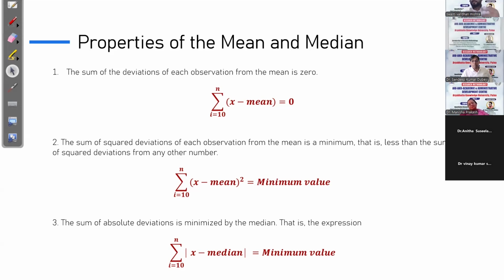You can experiment with it yourself: replace mean with any value, lesser than mean or more than mean, and compute it. You will find that the lowest value is produced by the value of mean.